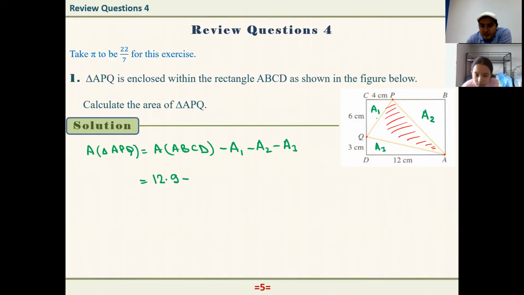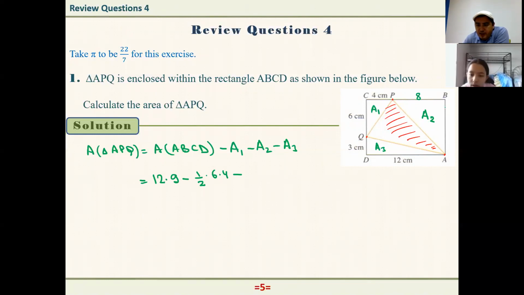Minus, how about A sub 1? That's a triangle, right? How do you find the area of a triangle? 1 over 2 times height times base. That is 6 times 4. Minus, how about this capital A sub 2? Shahina, what is the length of PB? It is 8. 8, very good.